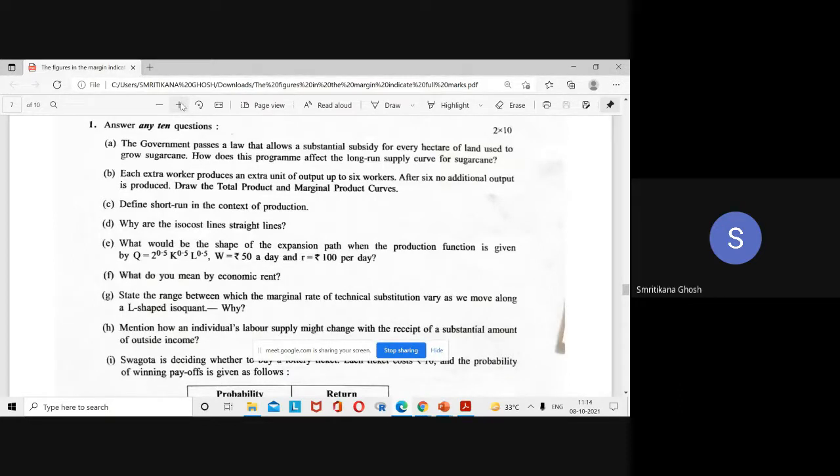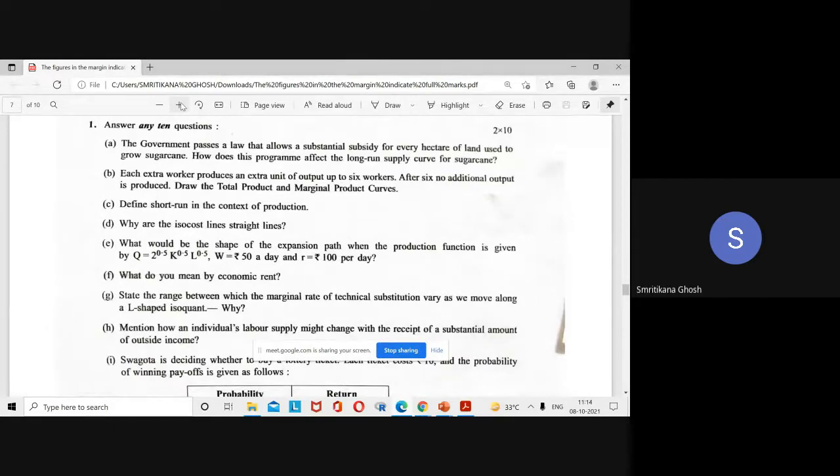So up to 6, the total product curve is upward rising and it's a straight line, 1 unit increase. So the change is fixed. Total product is increasing at a constant rate, so it's a straight line. Then after that it will be parallel to the horizontal axis. Regarding marginal product, up to the sixth worker marginal product is 1, then after that marginal product is 0.